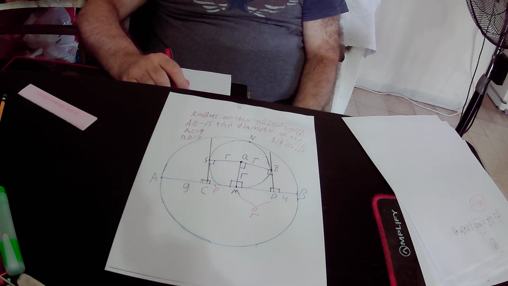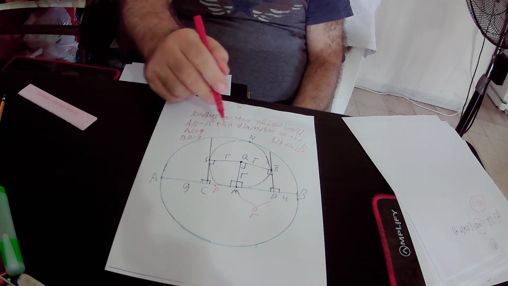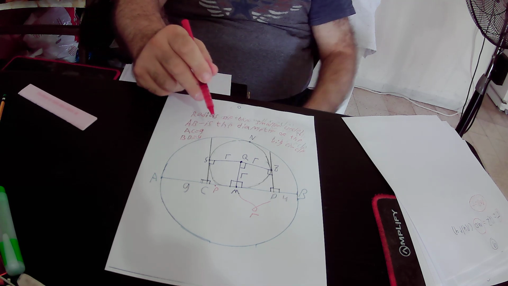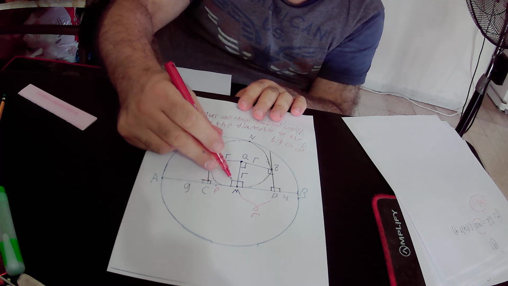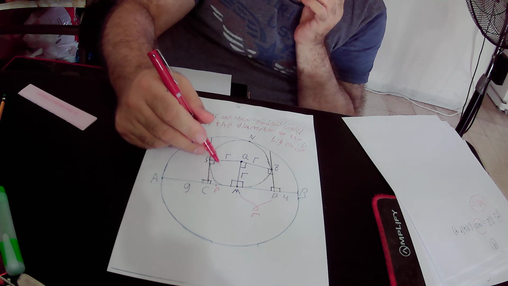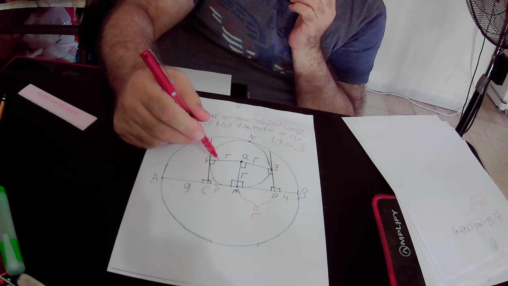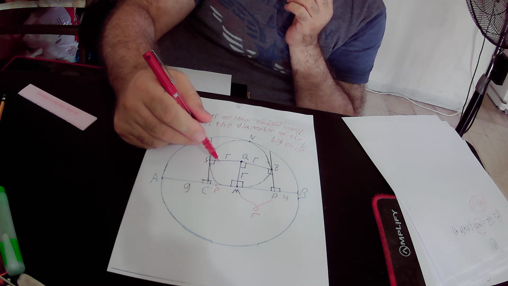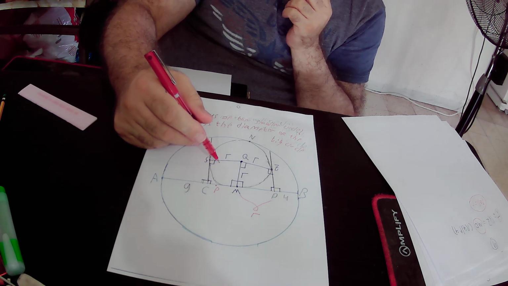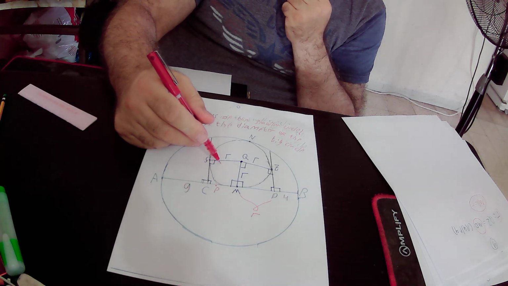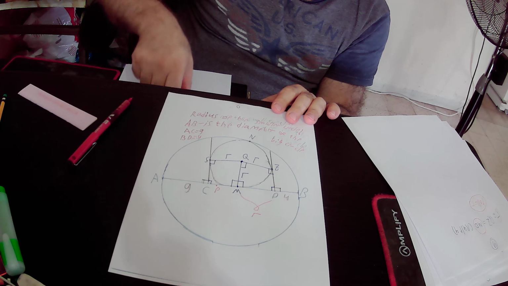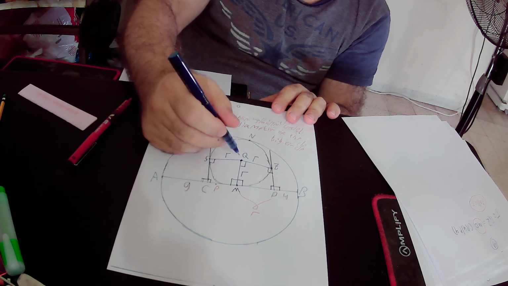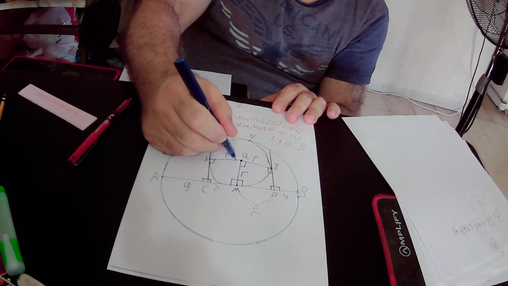Actually, quadrilateral SQCM has 3 right angles, 1, 2, 3. So according to rule number 2, that the sum of the angles in a quadrilateral equals 360 degrees, this angle must be equal to 90 degrees.